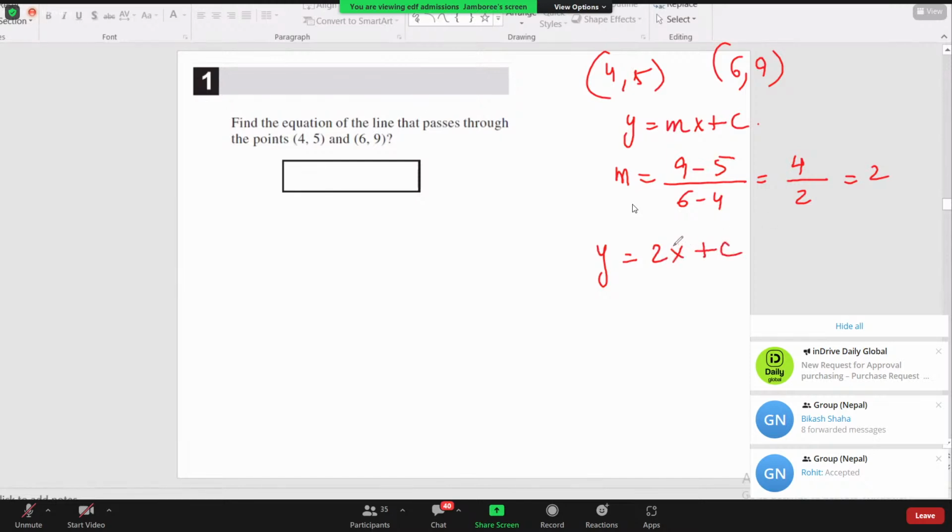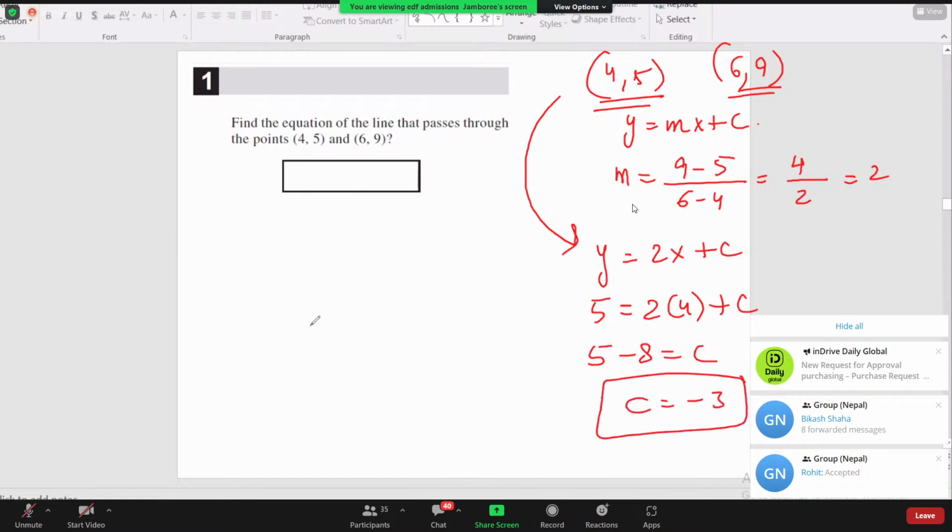So now to find out the value of c, we'll simply plug in the points in the equation. I can either plug in 4, 5 or I can plug in 6, 9 to find the value of c. Both will give you the same answer. So if I plug in 4, 5, it will be 5 is equals to 2 multiplied by 4 plus c. So 5 minus 8 will be equals to c. C will turn out to be equals to minus 3.